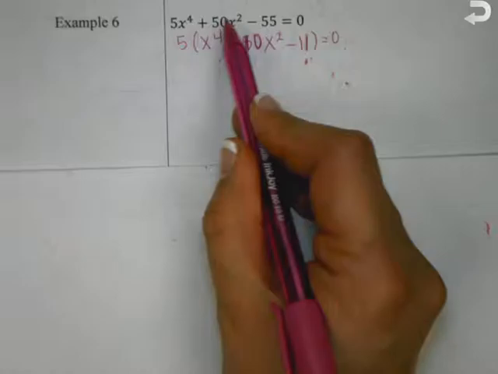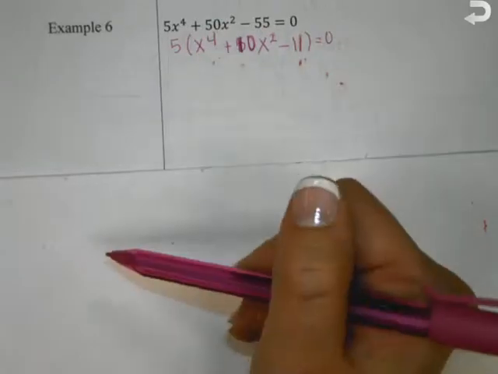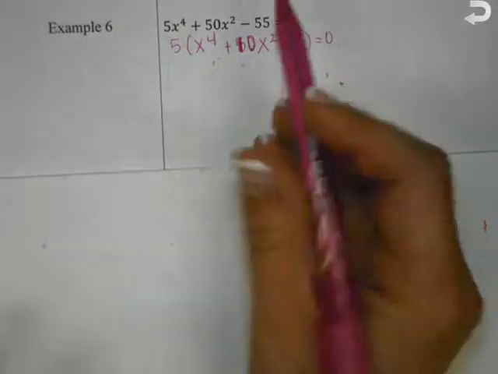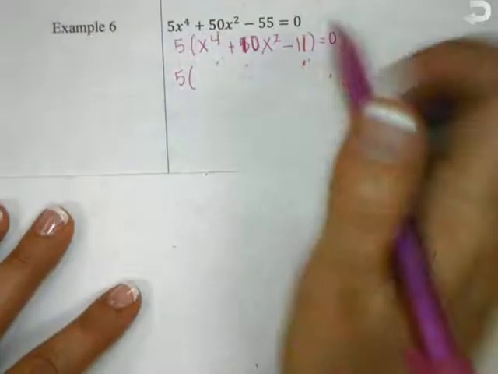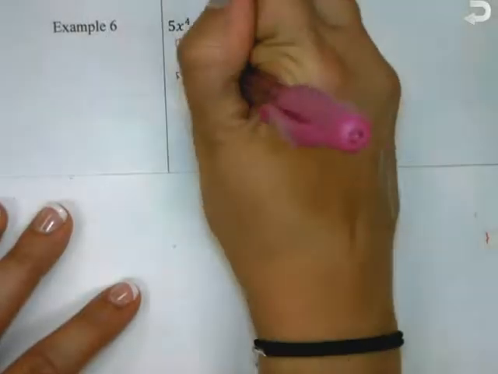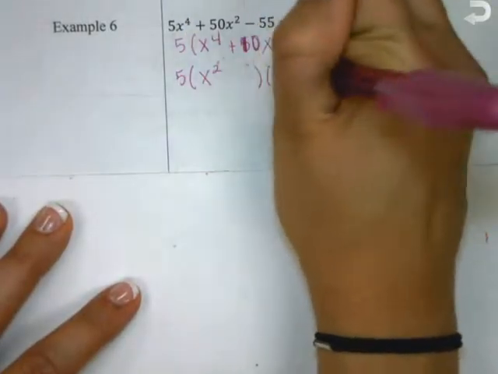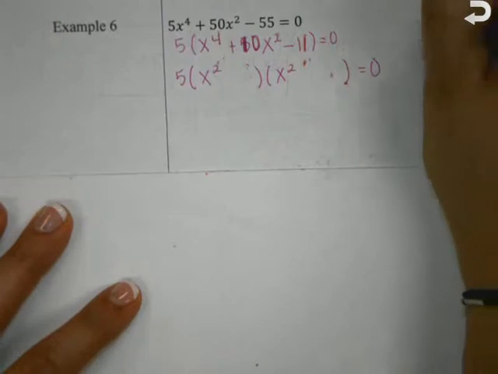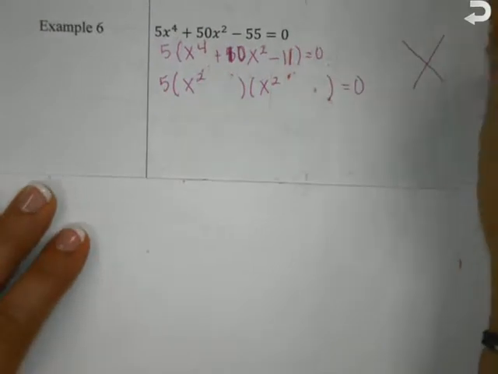Actually, I can. Instead of breaking it up into x and x, we can just break it up into x squared and x squared. So we just need to fill in those blanks. What two numbers multiply to -11 and add up to +10? 11 and 1. Which one is negative?